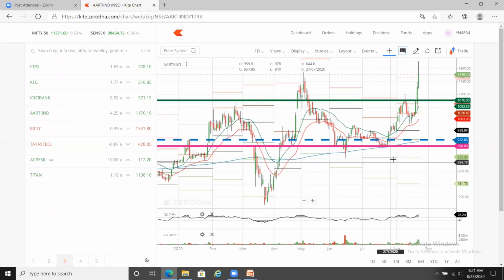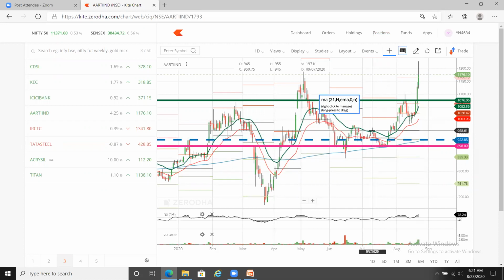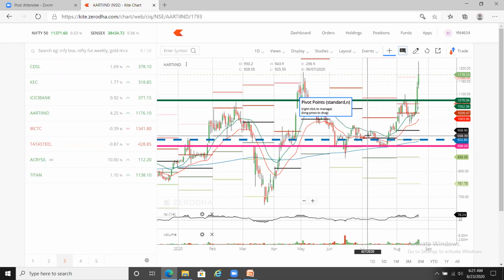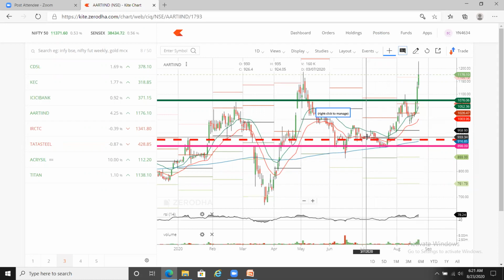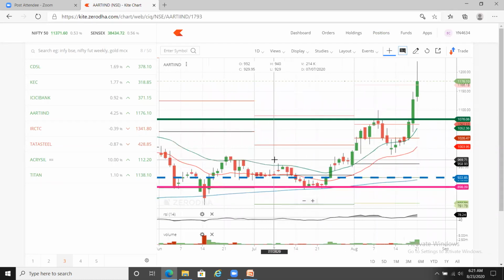But I'll first go back to 4th of July. 4th of July was a Saturday, and Aarti Industries closed around 930 on 3rd of July. This is the 3rd of July chart.